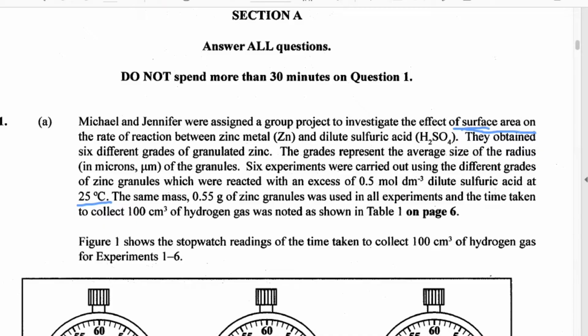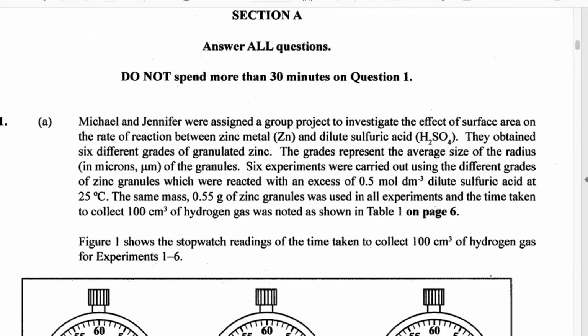So we're not going to directly go to table 1 on page 6. Just for ease of scrolling, we're going to go straight into recording the readings that are shown on the stopwatch. In question 1, a data analysis question, we're always given some instruments with gradation that we'll have to find out the scale of, and we'll have to do some reading.